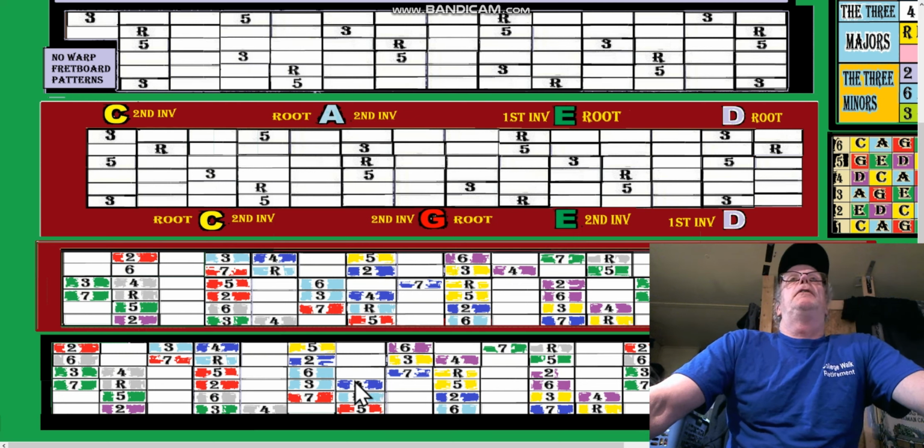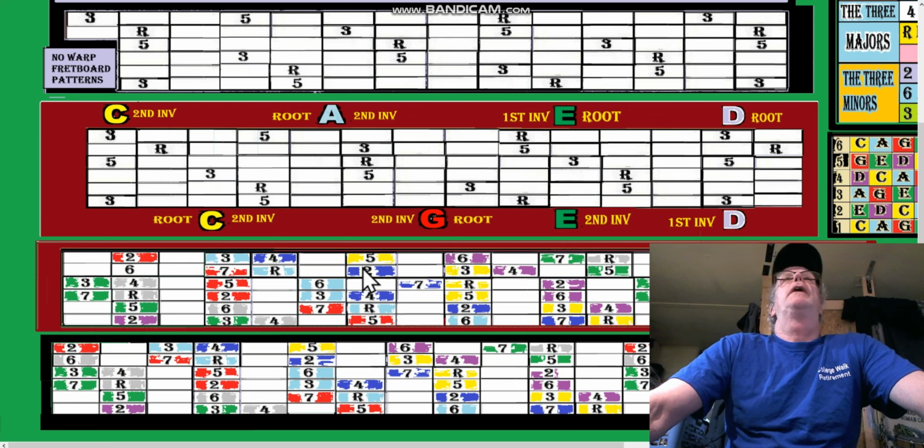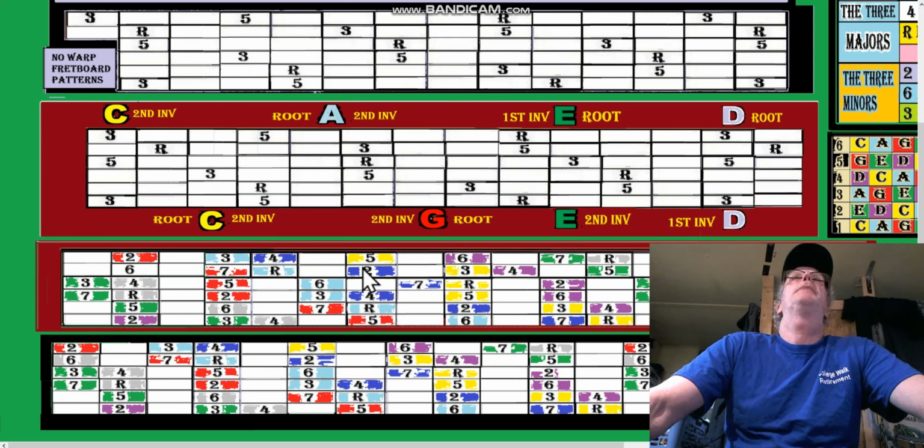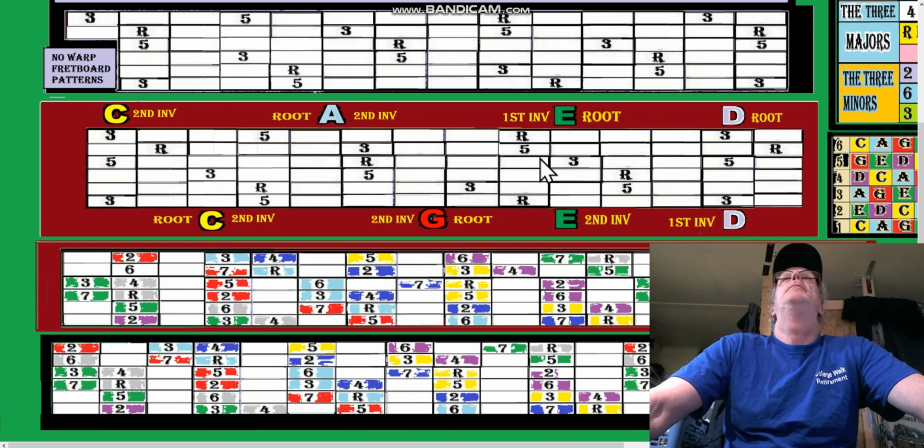So when you want a 4th, it's going to go straight up. Unless there's a warp there, then you got to actually go to the right there to get a perfect 4th. Okay, and that happens in some of them. Right over here in the D shape, that happens.